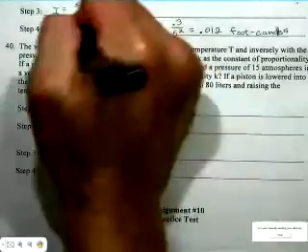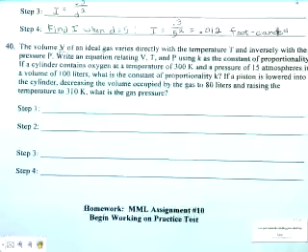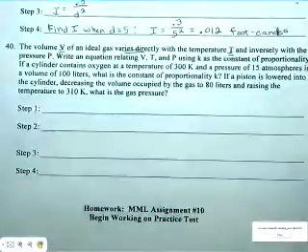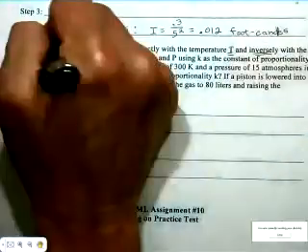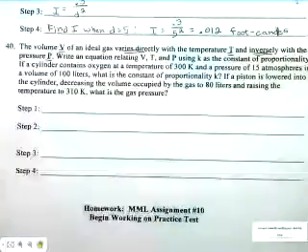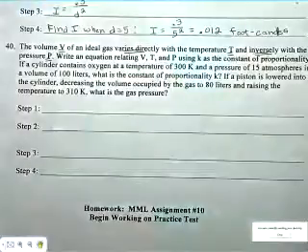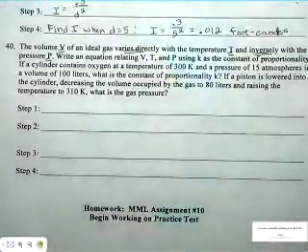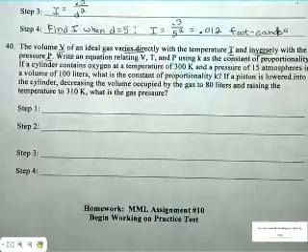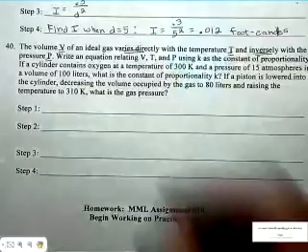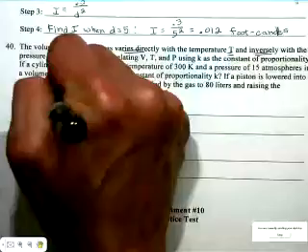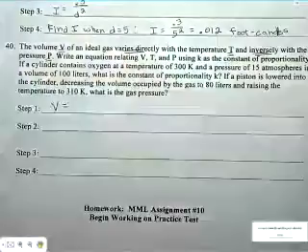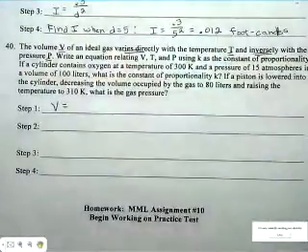V varies directly as T and inversely with P. This is joint variation. Volume depends on more than one thing. I need an equation that starts V equals. How can you get directly with temperature and inversely with pressure in the same equation?